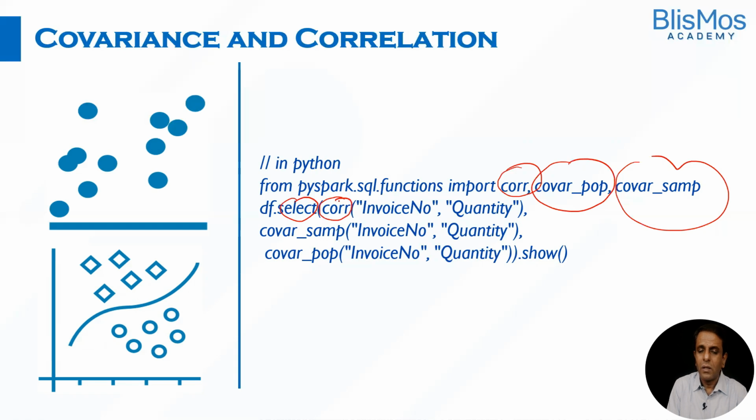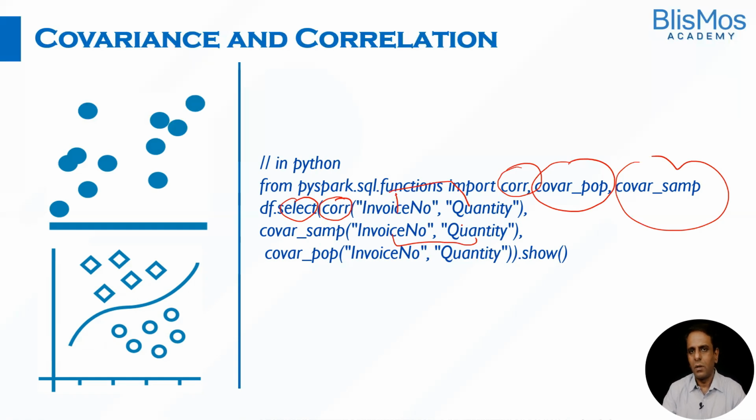You can see so far we have been specifying one column. Now this is a measure between columns, so we are specifying two columns. We are trying to get the correlation between invoice and quantity, and the covariance between invoice and quantity.